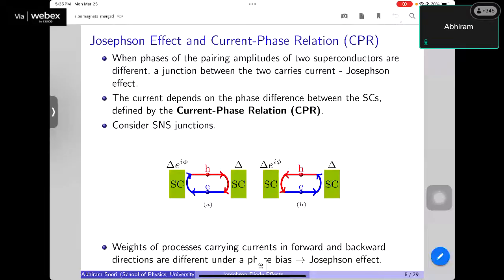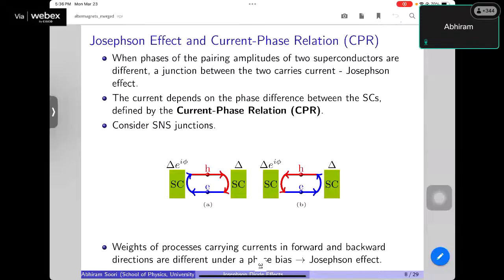So how to understand this Josephson effect? Let us consider a superconductor, normal metal, superconductor junction. In the normal metal, electron and hole are good quantum particles. These are eigenstates of the normal metal Hamiltonian. So there is a left moving electron and right moving hole, which carries a net current towards the left side.